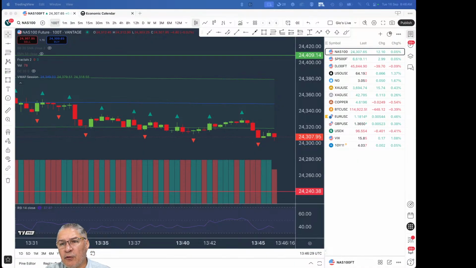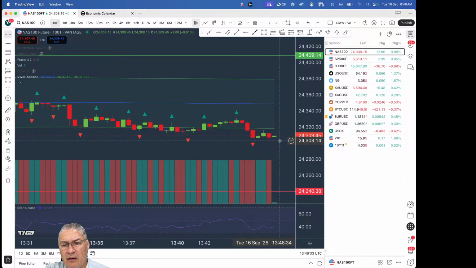Let's see if we're able to see a change in direction now on the NASDAQ as it fluctuates towards the 24,300, and looking for it to just push higher. That's basically what we want.